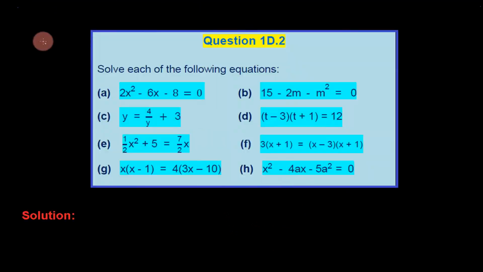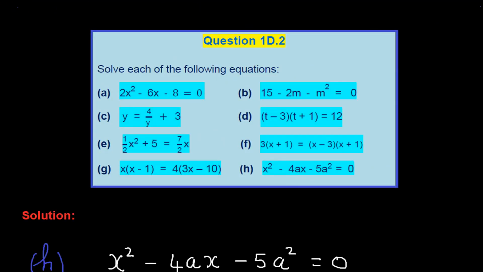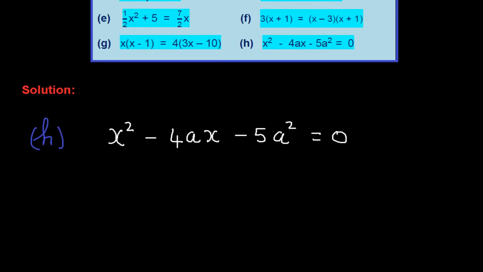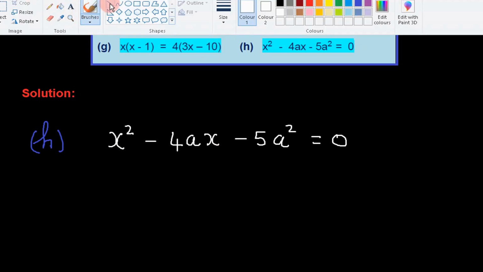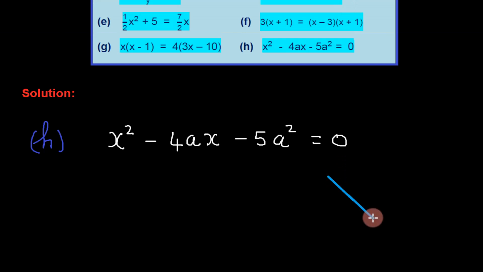Let's solve the last equation. The equation is already in standard quadratic form, so we can go straight to the cross method. So the factors of x squared will be x and x.